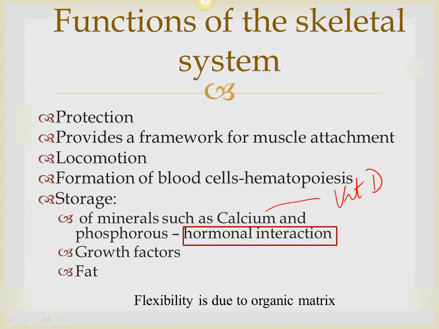It's also a storage site where fat or adipose tissue can be stored. Marrow cavity is one example. So these are some functions of the skeletal system. And as I mentioned, the flexibility is due to the organic matrix, the collagen fibers and other organic substances which are present.